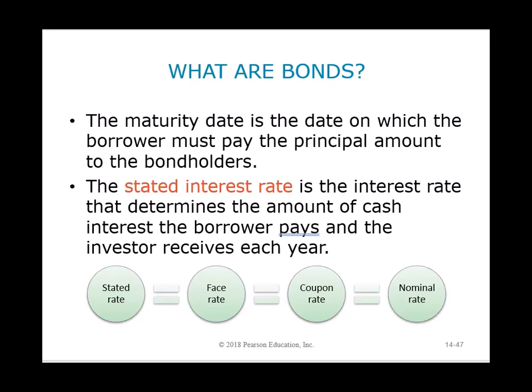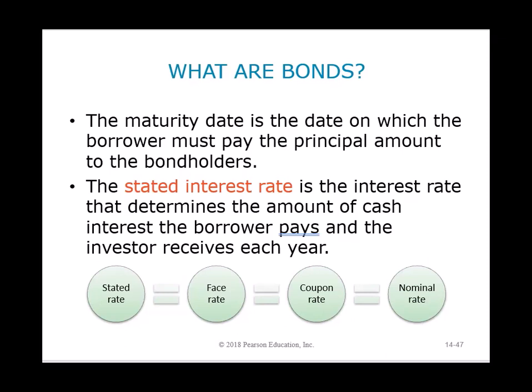The stated interest rate is always going to be the amount stated on the bond. Sometimes you will see this called the face rate or the coupon rate, all right? That is the rate at which the interest will actually be paid to the investor or the bondholder.